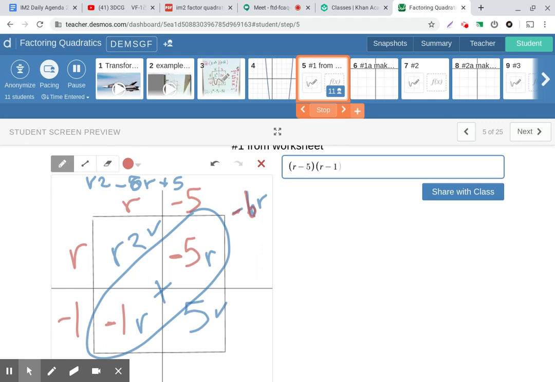If it was a function, what would the x-intercepts be? Or the r-intercepts? What would the r-intercepts be? So it'd be 5 and 1, right? If it were the x-intercepts, if it was a function.